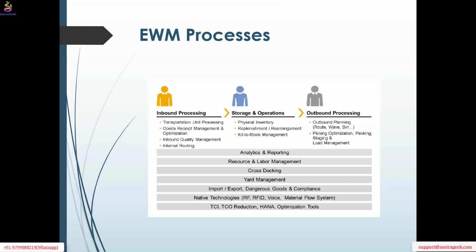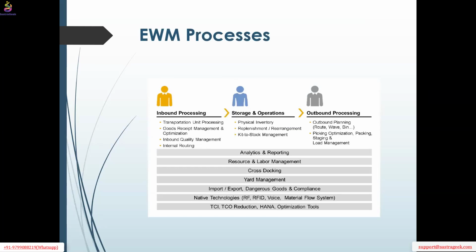And the storage operations, as I said, which are mostly internal, like your physical inventories. Physical inventories are nothing but matching the book stock versus the system stock, and how exactly we'll be doing it. That is what the physical inventory will take care of in the internal operations.